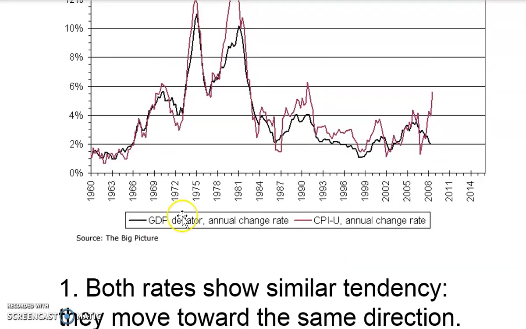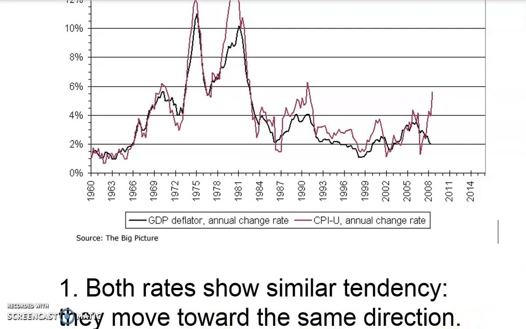For example, during 1973 to 1975, see both of them increase, right? And after that, both of them decrease. And then both of them increase again, both decrease.